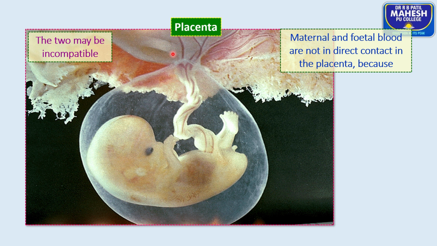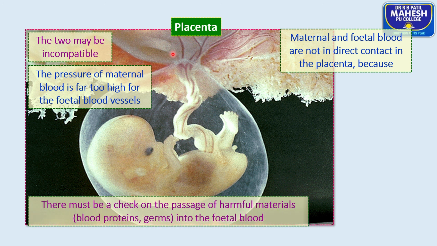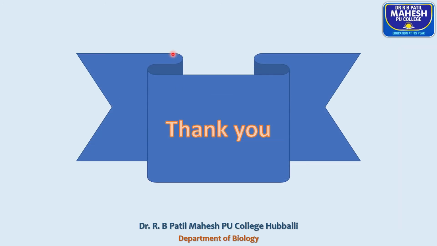So it prevents the entry of antibodies and pathogens from maternal blood into the fetal blood. The pressure of maternal blood is far too high for a fetal blood vessel. There must be a check on the passage of harmful materials into the fetal blood. So this completes the structure of the placenta.